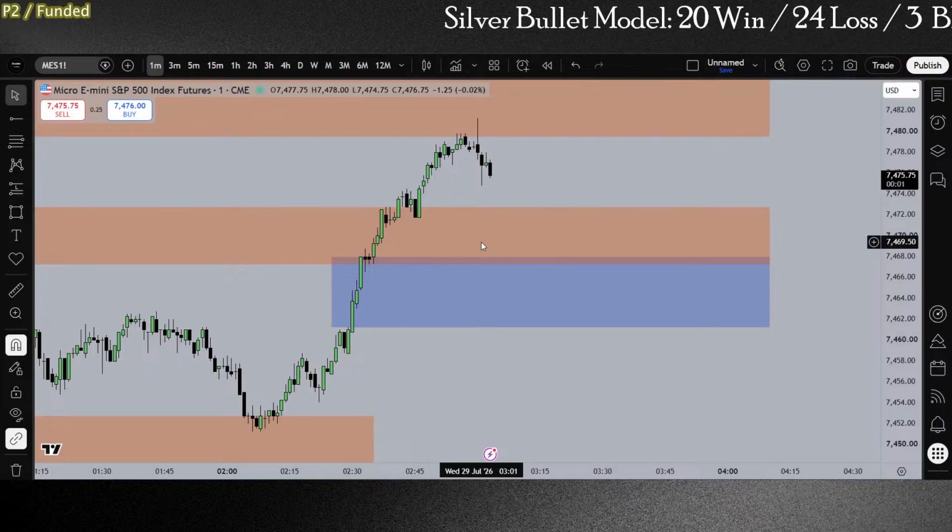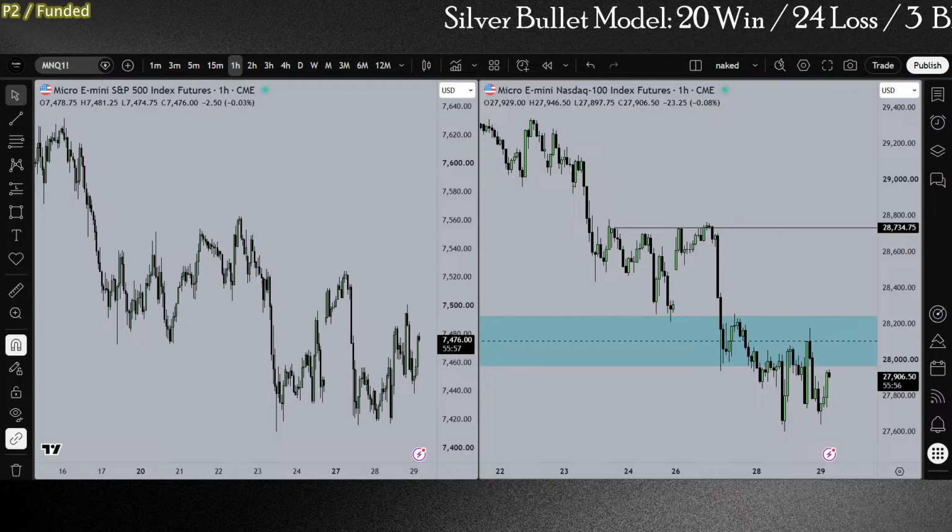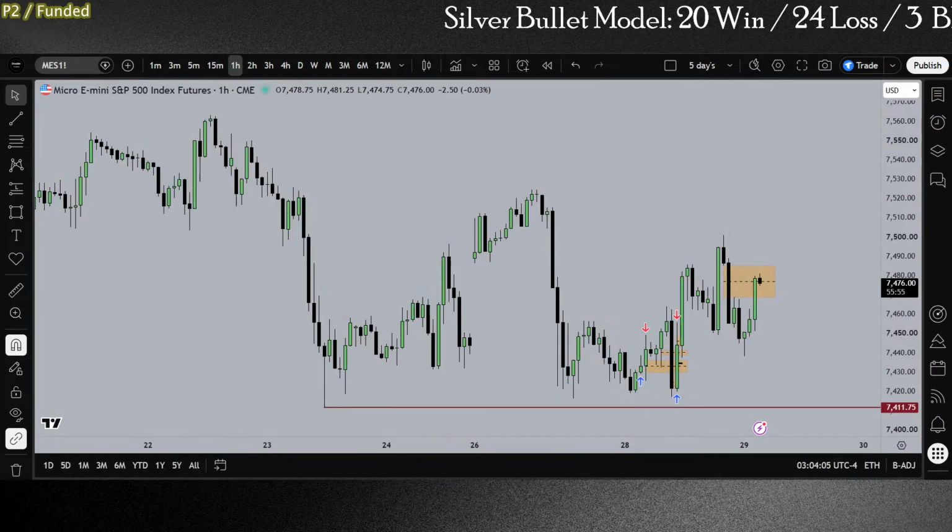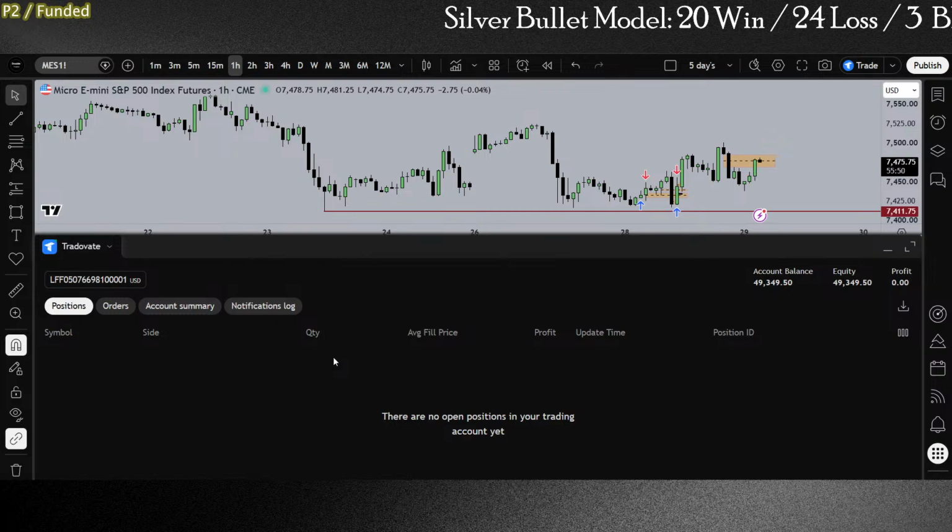So yeah, by the way, definitely the series right now got into some point where I'm struggling a little bit. I have a severe losing streak ongoing, and I drew the account balance down to 49,350 basically.